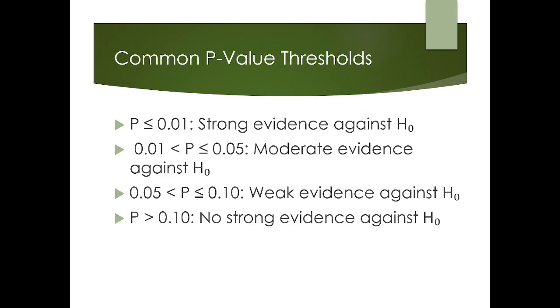Do you understand? And when the evidence against H0 is strong or moderate, we would usually accept our alternate hypothesis and reject our null hypothesis. But if it is greater, that is, there is no strong evidence against our H0, we would accept the null hypothesis and reject our alternate hypothesis.